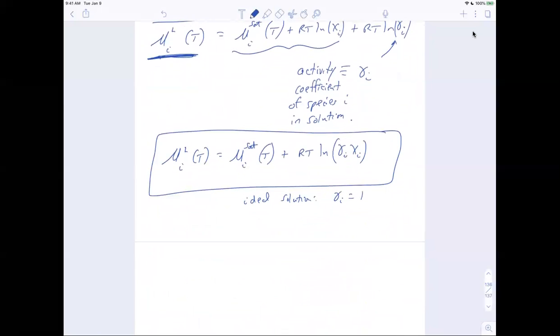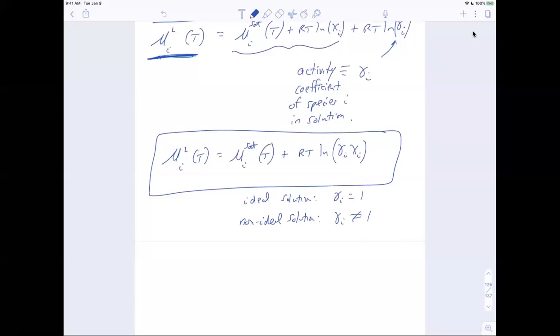And if it's a non-ideal solution, gamma I is not going to equal 1. It can actually be greater than 1 or less than 1, but it won't equal 1 if it's non-ideal. And so all of that non-ideality is swept into this thing called gamma I, the activity coefficient.